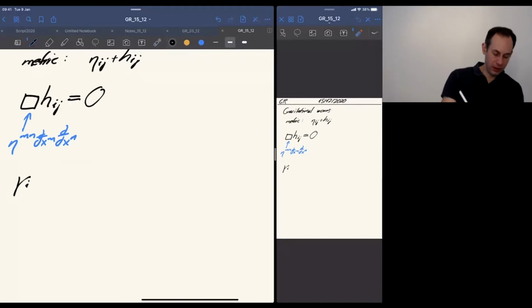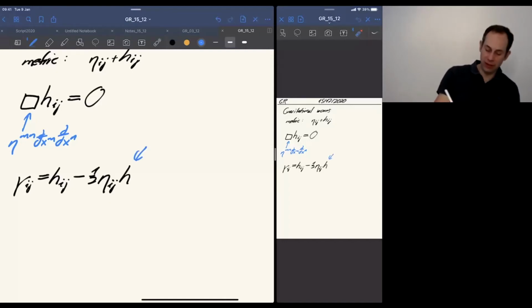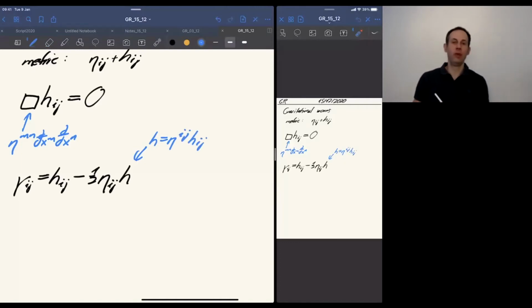It's also a tensor with two indices, and it's defined just as h_ij minus 1/2 the eta metric times the trace of h. So if I just write h without indices, what this means is that I take upstairs indices, I take the trace, and trace is multiplying with the metric eta_ij.